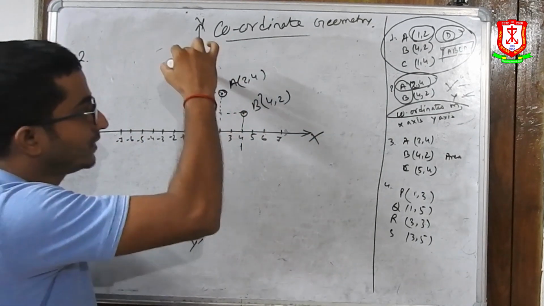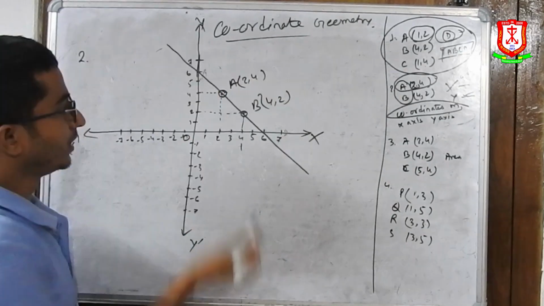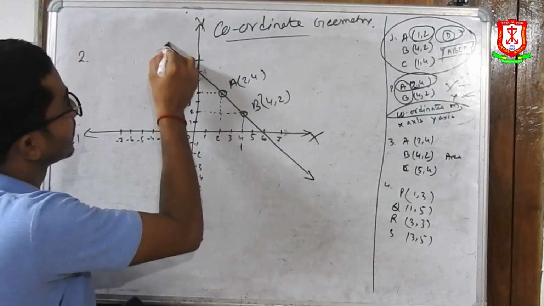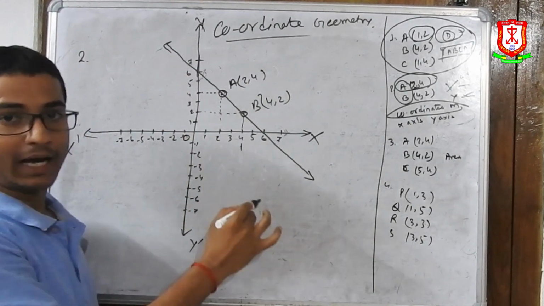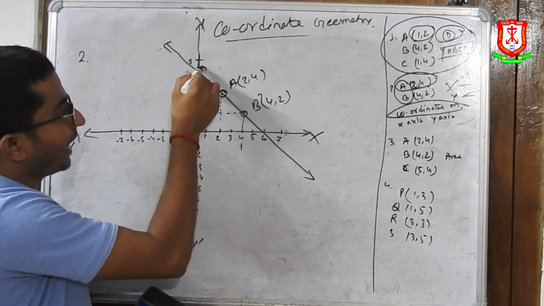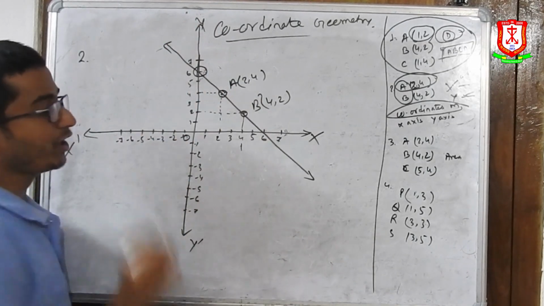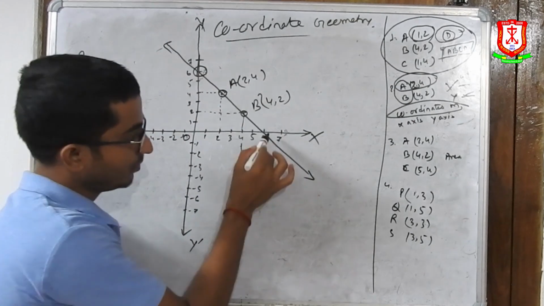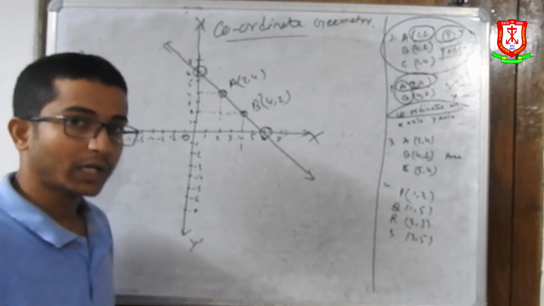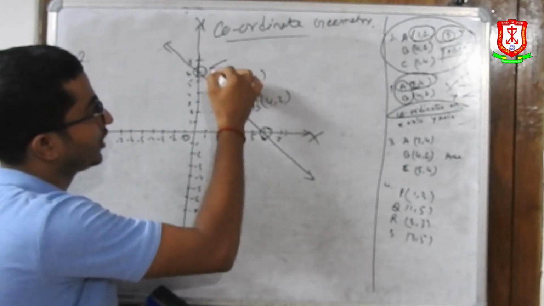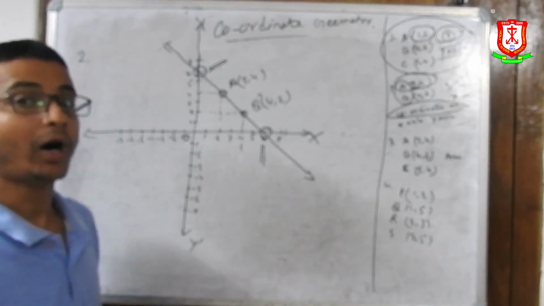Now if we join these two points A and B and draw a line, see, this line AB meets the y-axis at this point, and meets the x-axis at this point. What is our work? We have to find the coordinate of this point, and we have to find the coordinate of this point. Now how will we find it?